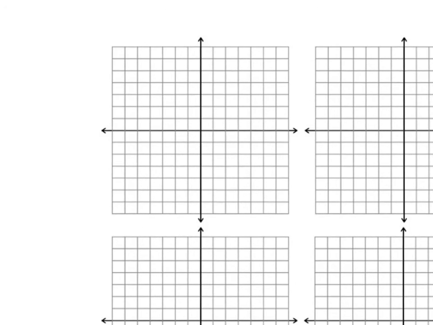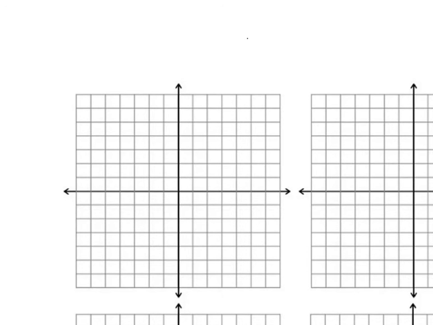So let's say we have a graph here. We have f of x equals cosine of x. And then from that, we want g of x equals cosine of x plus pi over 2. Let's do our first, the generic one.